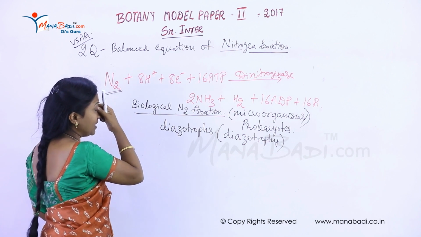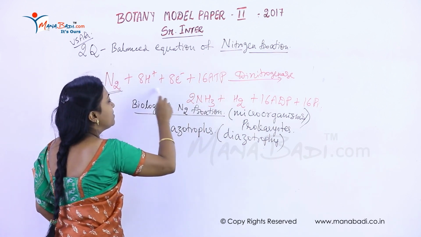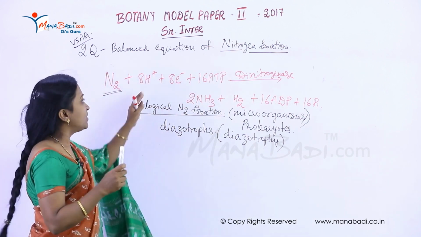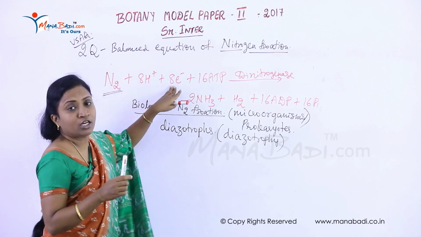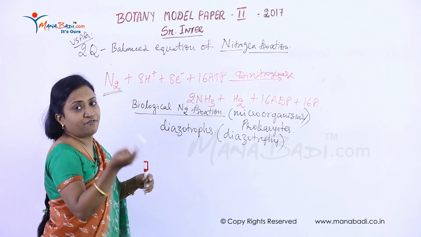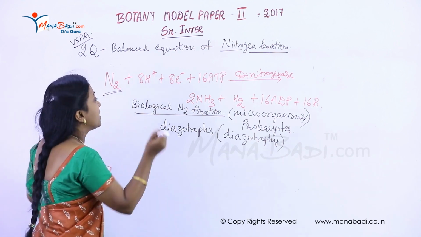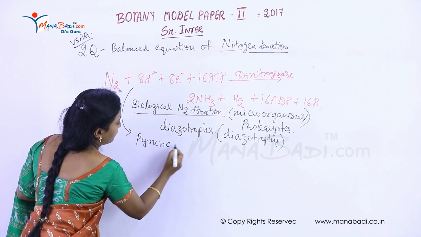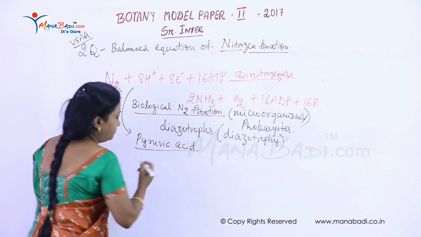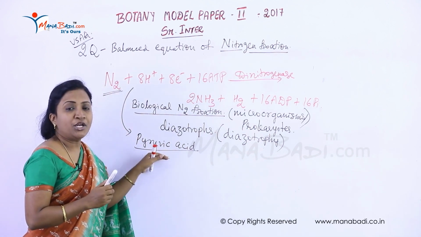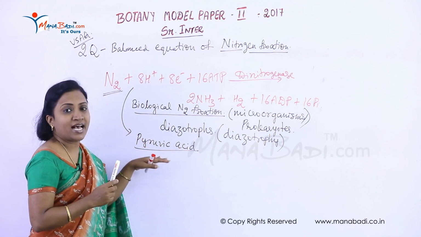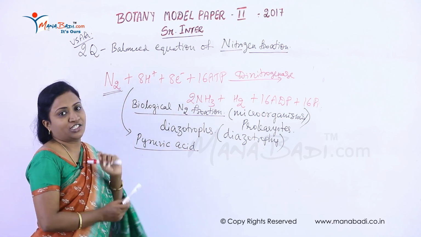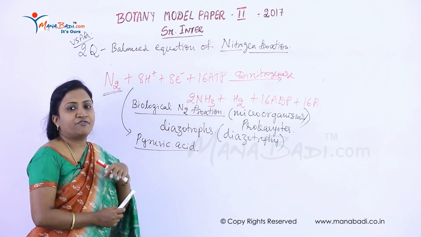Now where do these protons, electrons and ATP come from? This power comes from a different mechanism: pyruvic acid serves as the source of protons and electrons, and ATP comes from a different source.